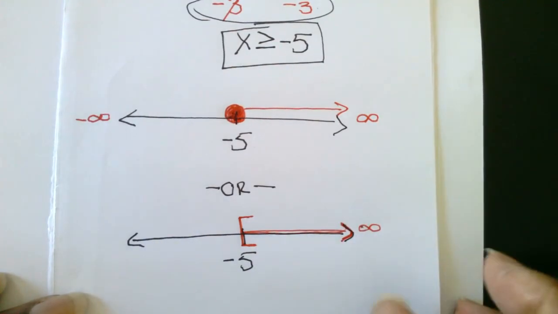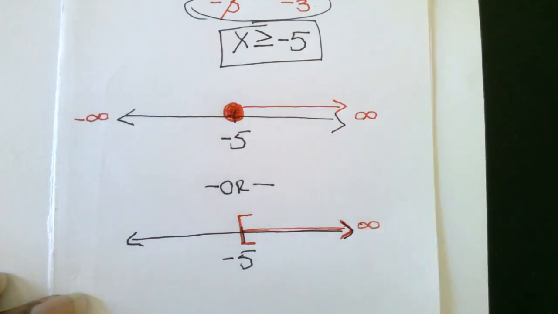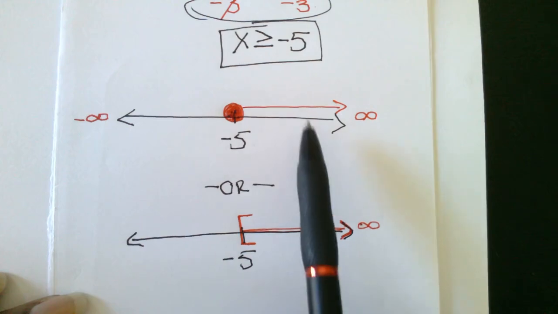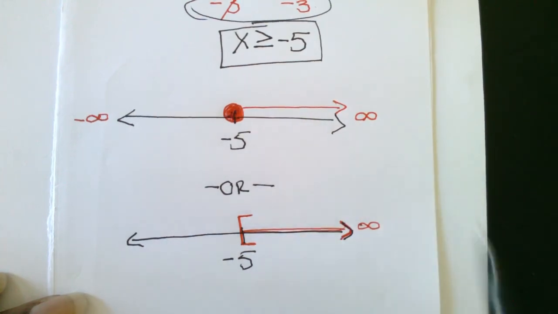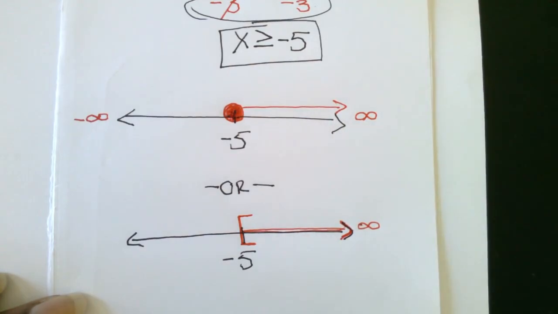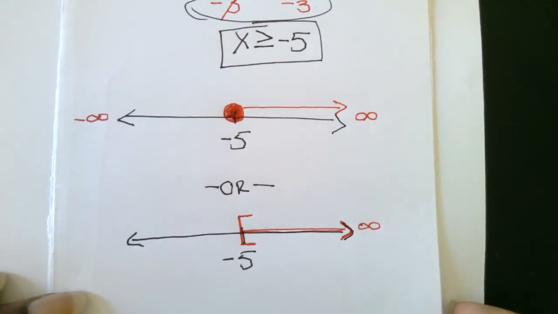GED, high school equivalencies, you're probably going to see this. Algebra 2 people, Accuplacer, you're going to see this or this. Okay? TEAS test, you'll probably see this more so. ASVAB, you're probably going to see this more so. Okay? So notice there's going to be different problems.